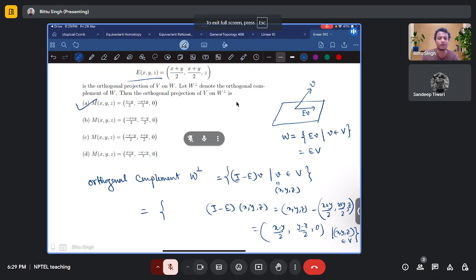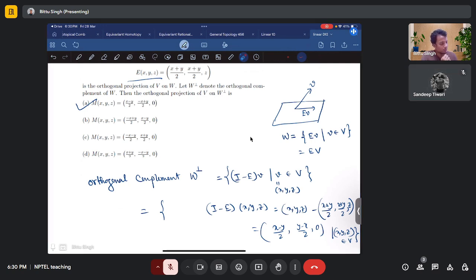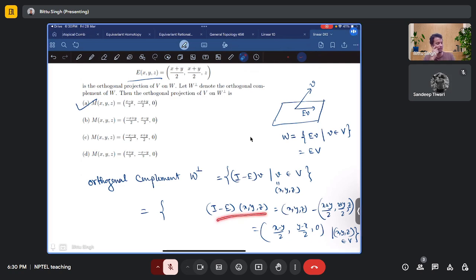Actually, I have computed the orthogonal complement space W perp, but in this question we need to find the orthogonal projection on W perp, right? That can be obtained from this answer, I minus E. So that question is slightly different.